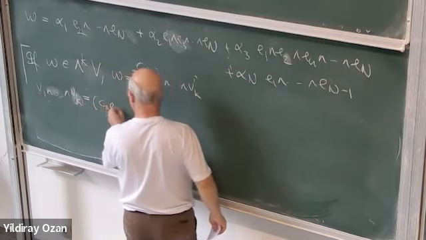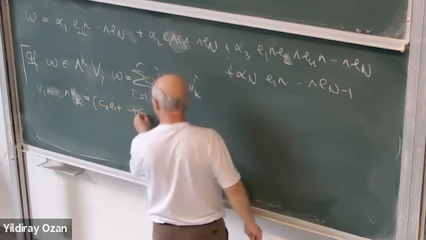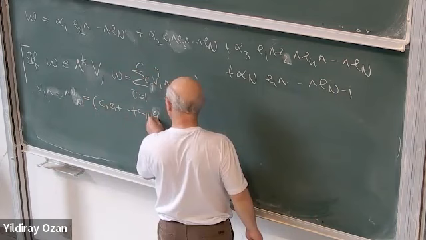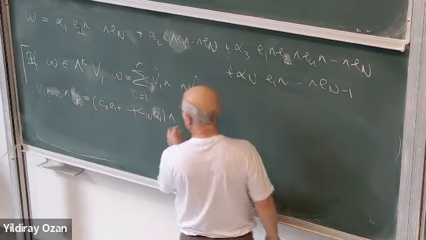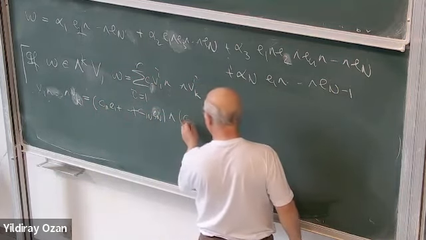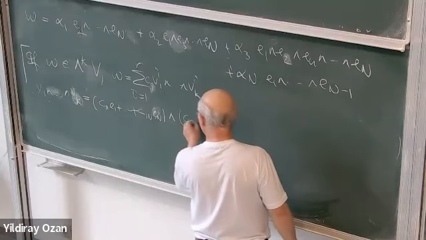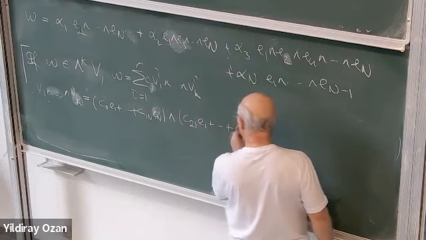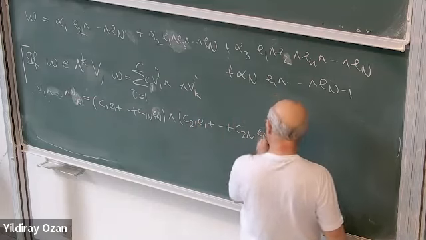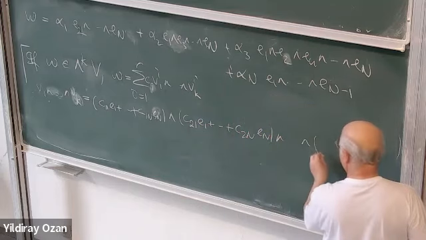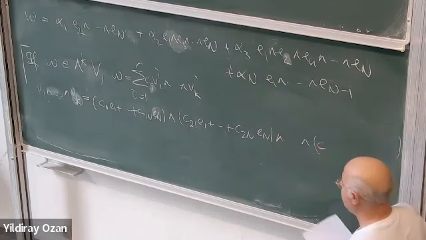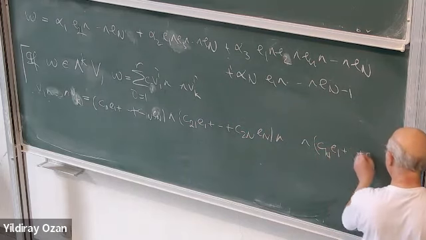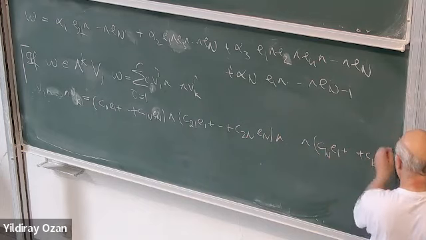C11 e1 plus ... The second vector can be written like this: c21 e1 plus ... plus c2n en, and I have k of them, up to ck1 e1 plus ... plus ckn en, right?